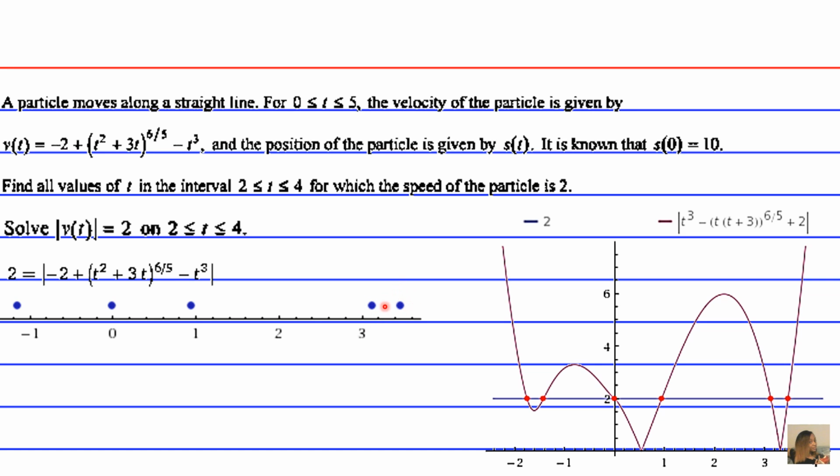We see that we have 2 points where the absolute value of v(t) is 2. If you trace these points on your graphing calculator, you'll find the first is t = 3.12763, and the second is t = 3.4734.